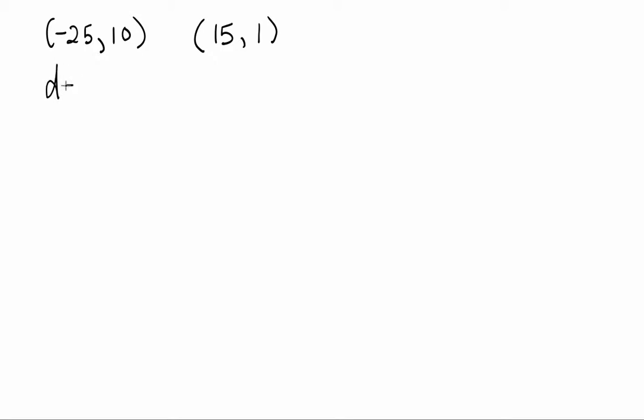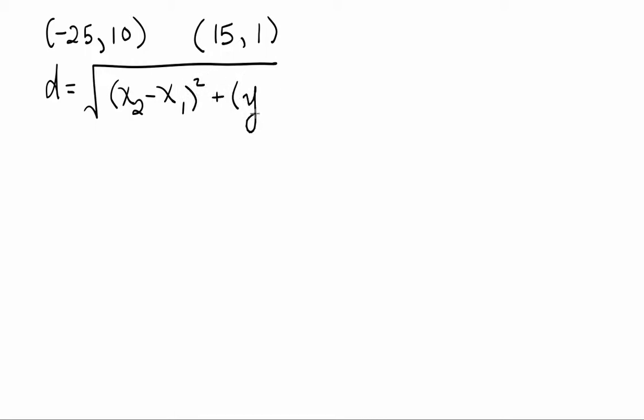The distance formula is d equals square root of (x-coordinate of point number 2 minus x-coordinate of point number 1) squared plus (y-coordinate of point number 2 minus y-coordinate of point number 1) squared.